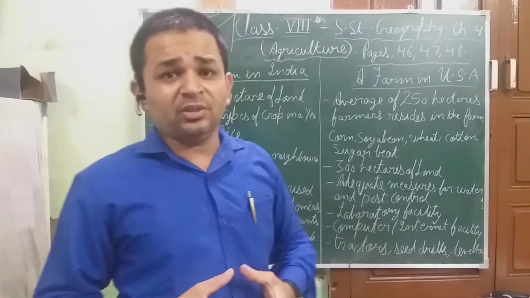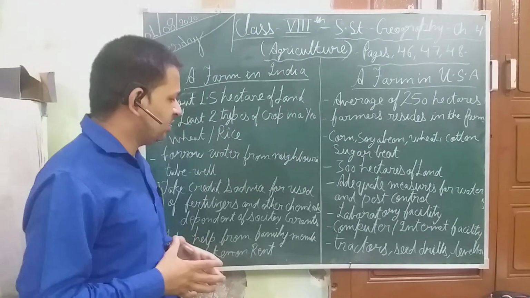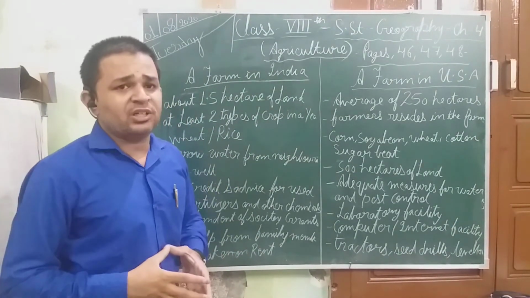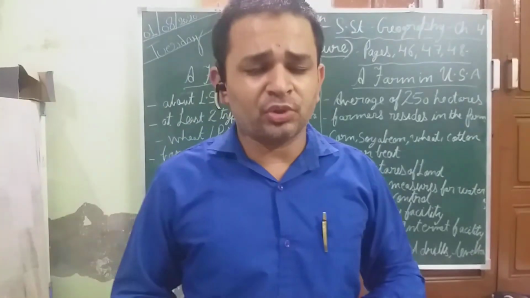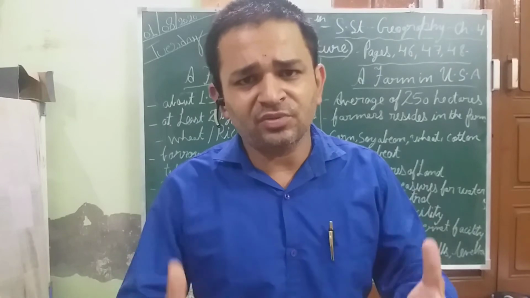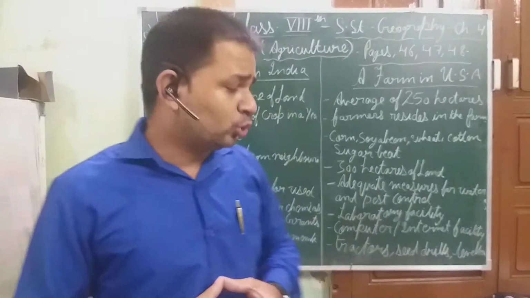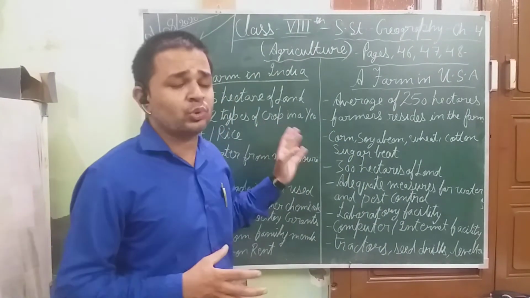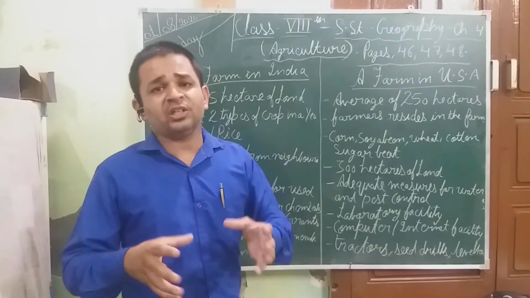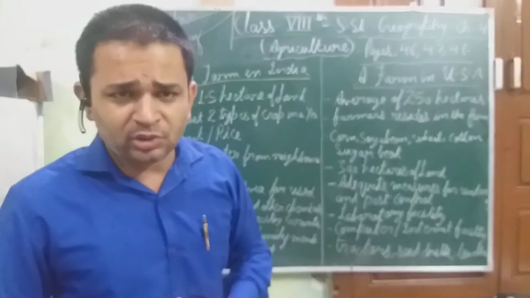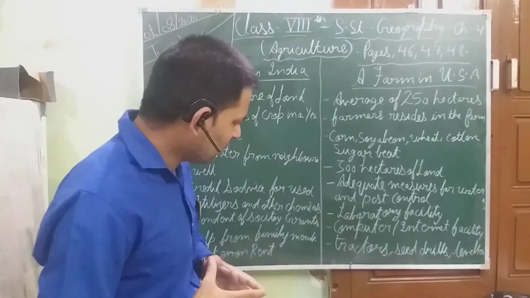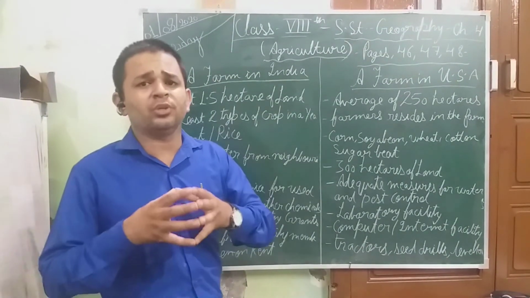The other irony of a farmer in our country compared to the US is that our farmers do not have adequate facility for storing their outputs, the grains they have generated from the agriculture field. So they are forced to sell at whatever rate they get from the market. Otherwise the grains will get destroyed or decayed because of weather conditions and many other things.